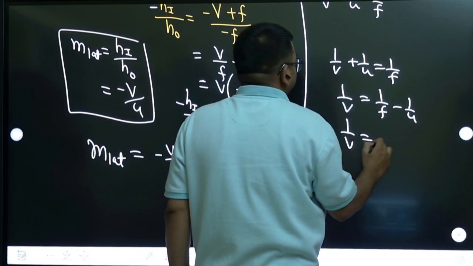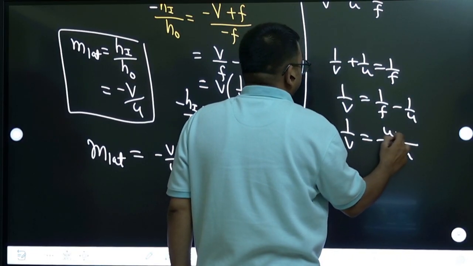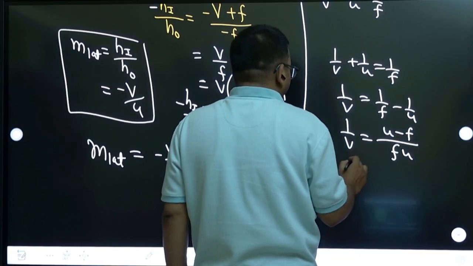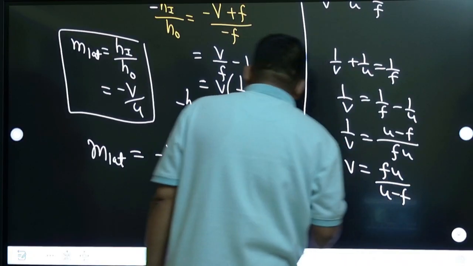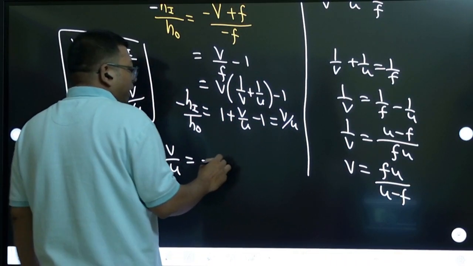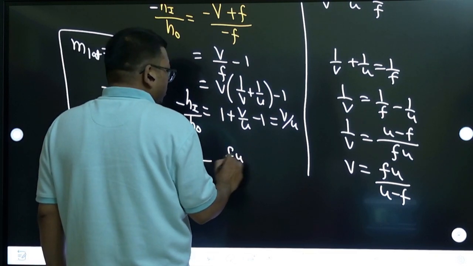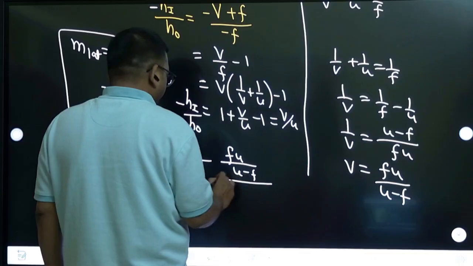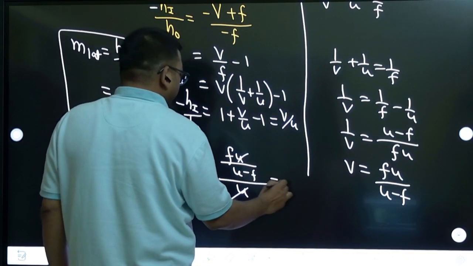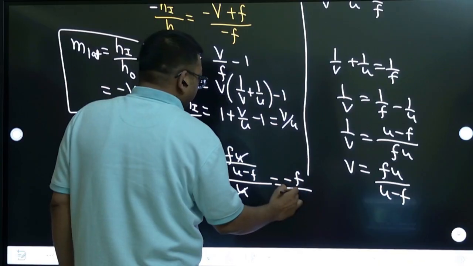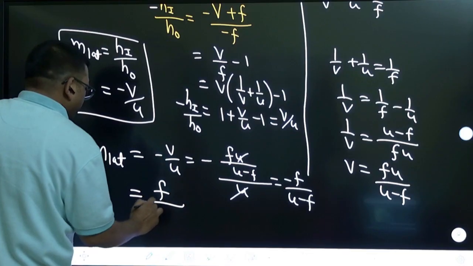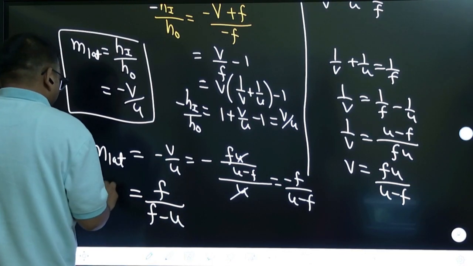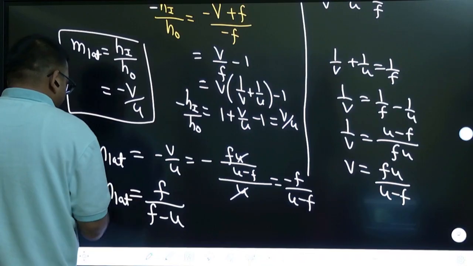So 1 by v becomes (u minus f) by fu, so v can be written as fu by u minus f. If I substitute this here, minus fu by u minus f divided by u, the u gets cancelled. It becomes minus f by u minus f. That is why this can also be written as f by f minus u. Lateral magnification can be written like this.